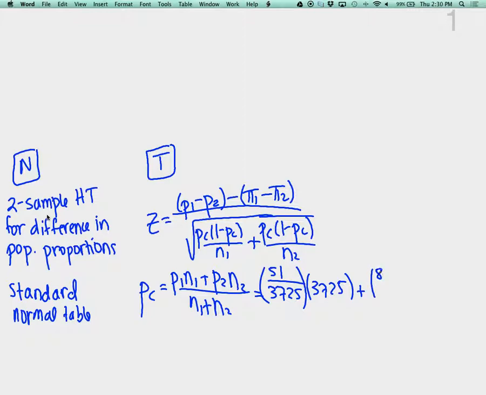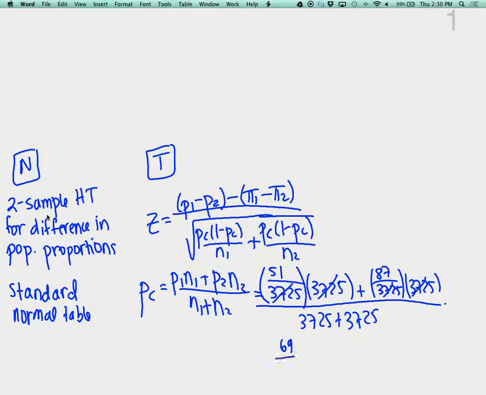Plus 87 out of 3,725 times 3,725, all over both sample sizes, which are 3,725. Now, these denominators cancel. It ends up simplifying to 69 out of 3,725.